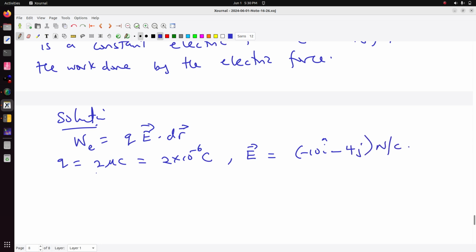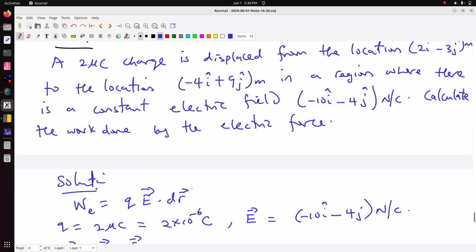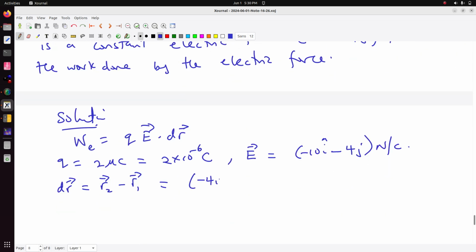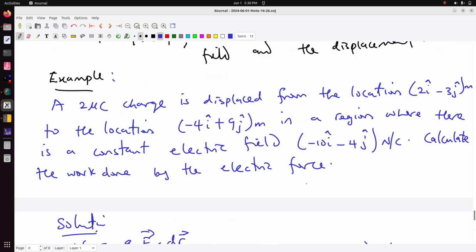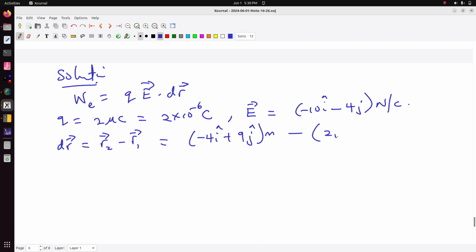The displacement vector, dr, is r2 minus r1. r2 is given as minus 4i plus 9j meters. Then minus r1 is 2i minus 3j meters.